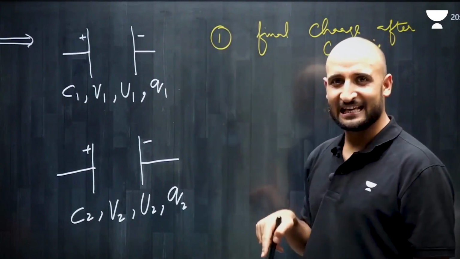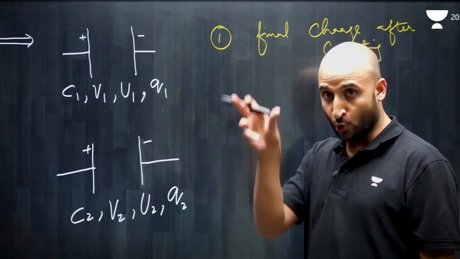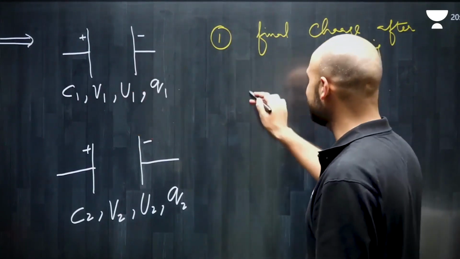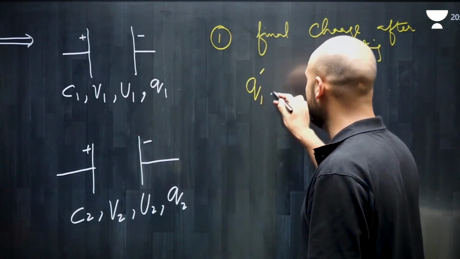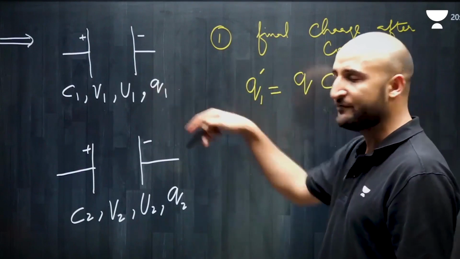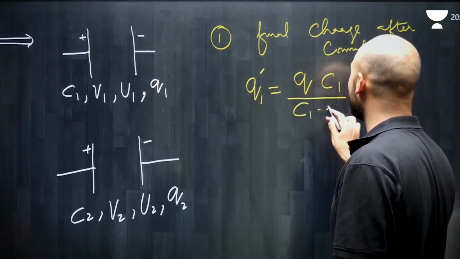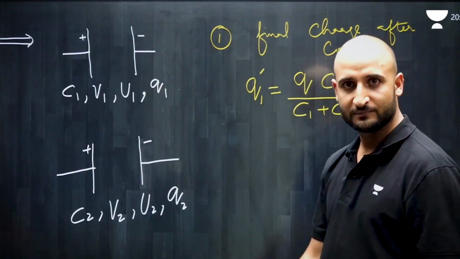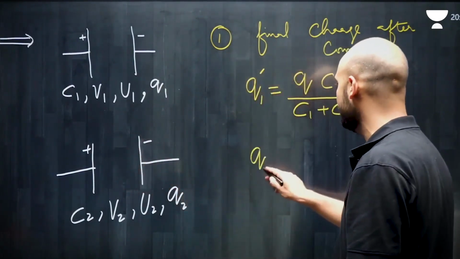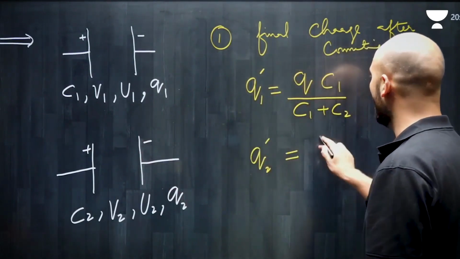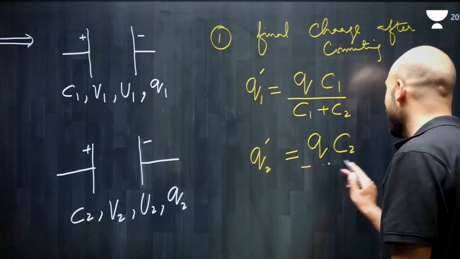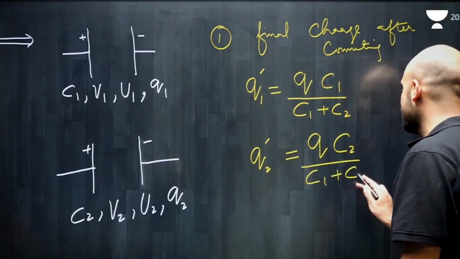In the previous case, the final charge Q1 prime was total charge into radius of that sphere divided by the sum of the two radii. In this case, the final charge Q1 prime will be equal to total charge Q into capacitance of that capacitor C1 divided by the sum of the two capacitances C1 plus C2. And accordingly, the charge on the other capacitor, Q2 prime, will be equal to total charge Q into C2 divided by C1 plus C2.